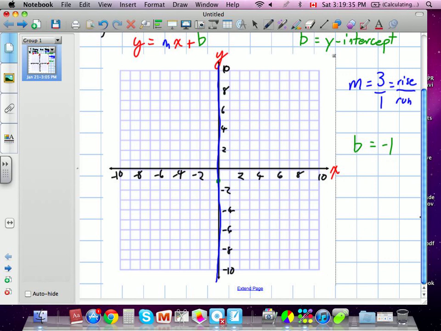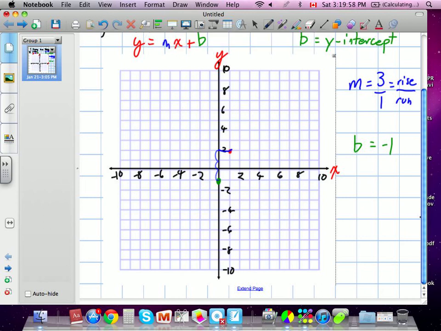From that starting point, I'm going to try to obey this slope. So they're both positive or they're both negative, and we'll talk about that. Okay, rise over run. So let's go up 3, 1, 2, 3, and run 1. Positive direction 1 would be to the right. So there's our next point. Then from that point, I continue the exact same pattern.